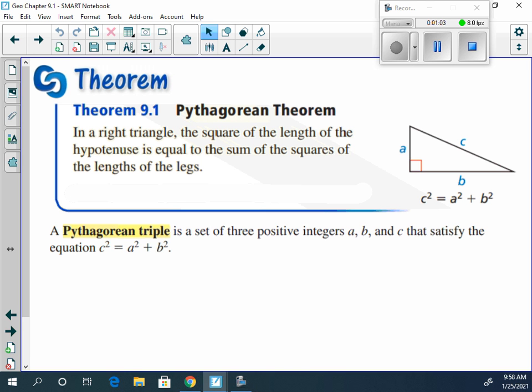Or, as I think most of y'all know it, a squared plus b squared equals c squared, where a and b are the legs of the triangle, and c is the hypotenuse.